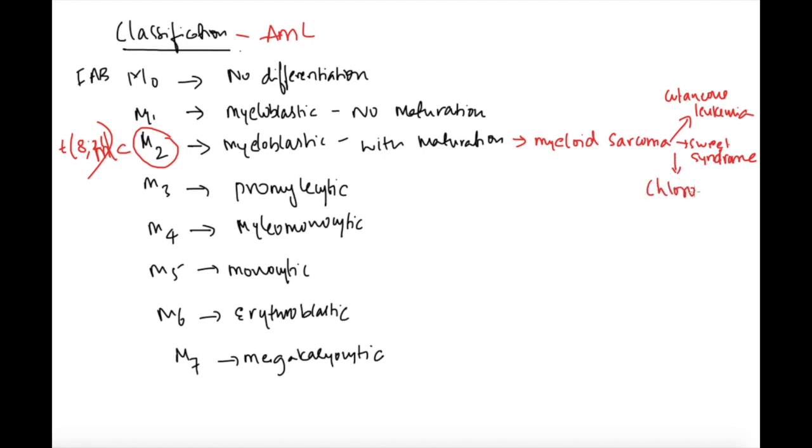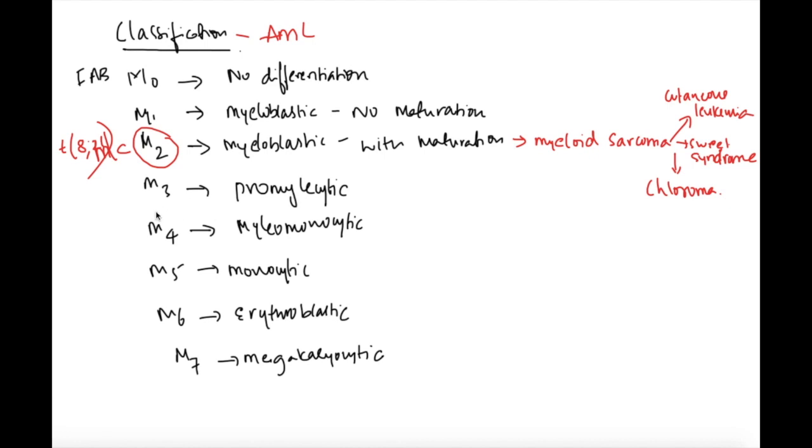And chloroma refers to the involvement of the orbit or the paranasal sinuses. I have mentioned that translocation 8;21 is associated with good prognosis, but in the presence of chloromas, it will turn into bad prognosis. That is something to be remembered.